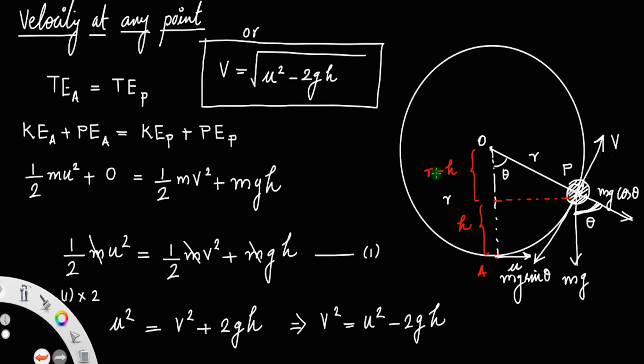Now let's find the velocities at different points. A is the starting point. Let's call this point B. Let's call the highest point C. Now let's find the velocity at A, B and C using this equation.